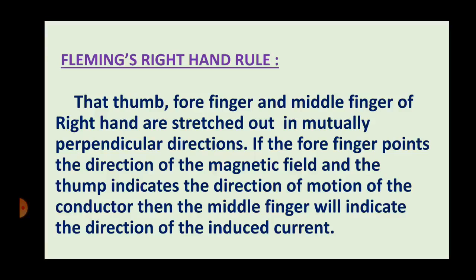Now the thumb, forefinger and middle finger of the right hand are stretched out in mutually perpendicular directions. If the forefinger points in the direction of the magnetic field and the thumb indicates the direction of motion of the conductor, then the middle finger will indicate the direction of induced current. This is an important 2-mark question.